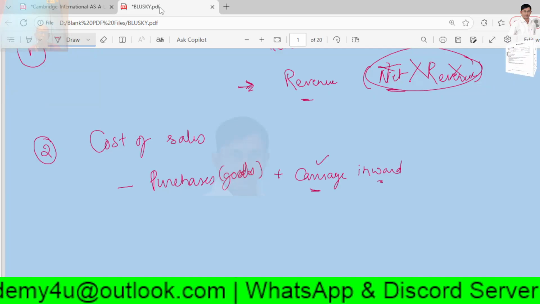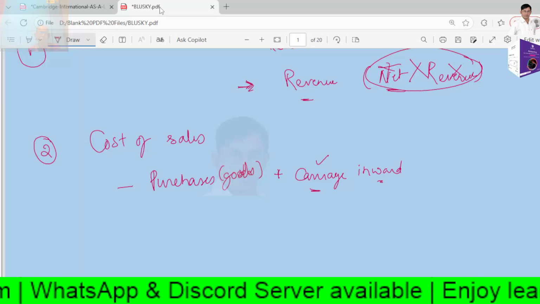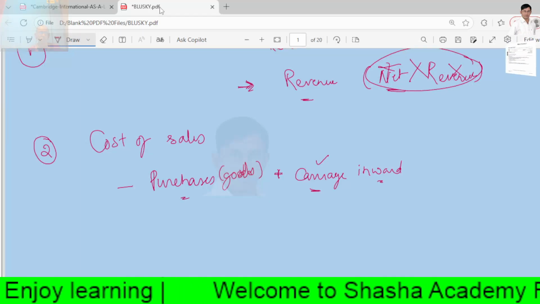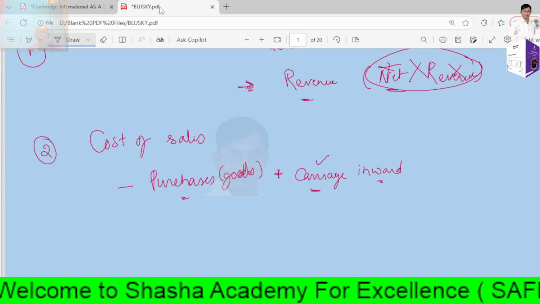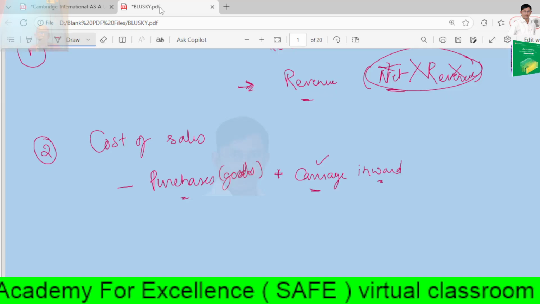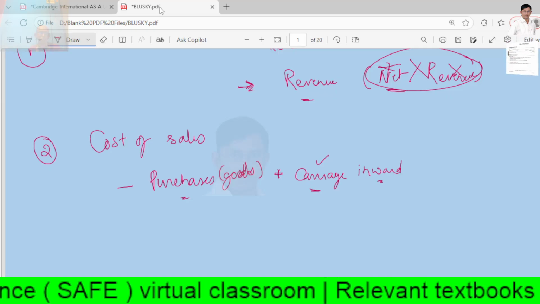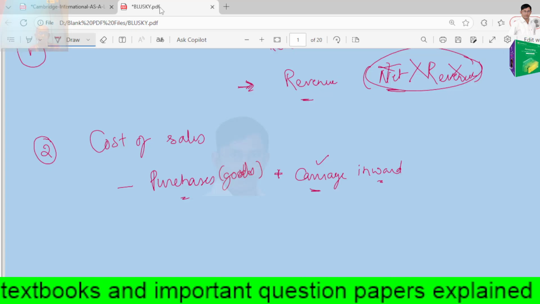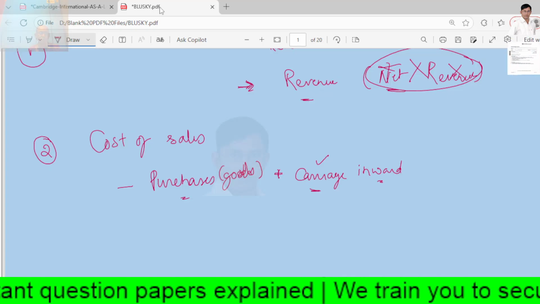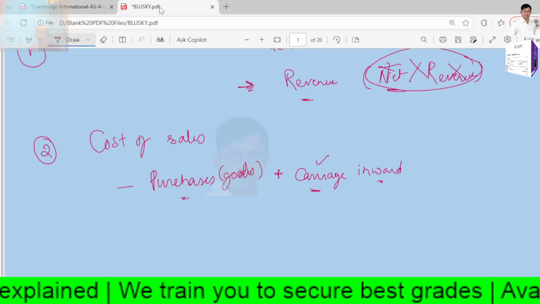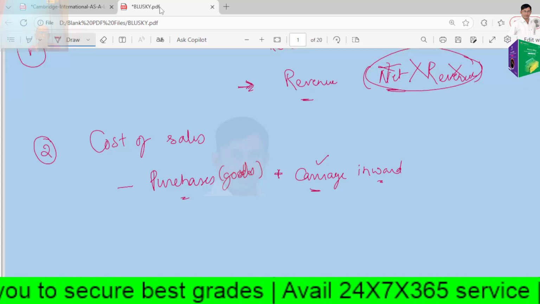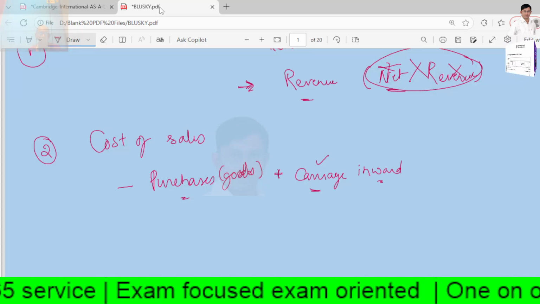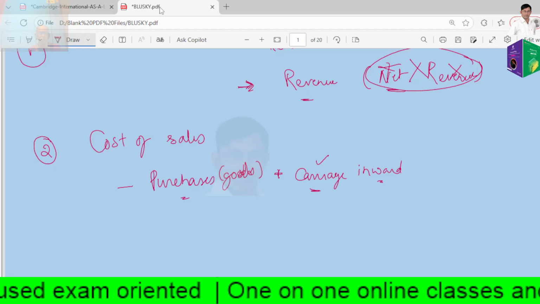What other things can be included in this? When we purchase, there may be some items that we might not have sold, that may still be lying with us. We might have purchased some items in the previous year or previous month. That is known as inventory.